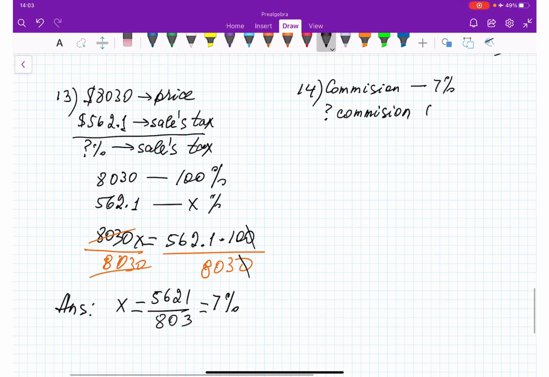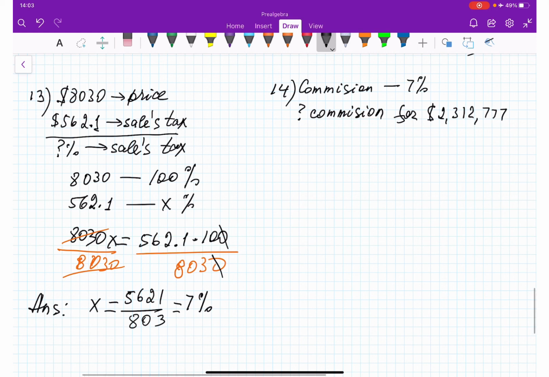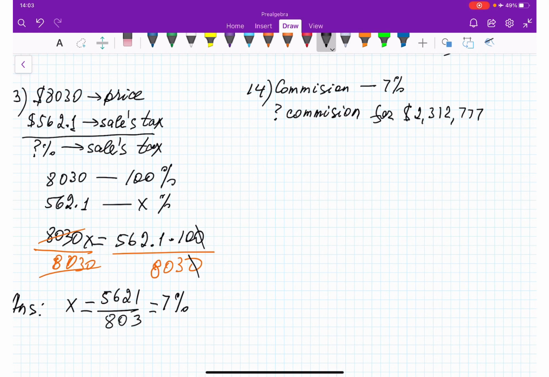She sold 2,312,777 worth of product. Okay. Let's see one more time. A sales representative for a large furniture warehouse is paid a commission rate of 7%.